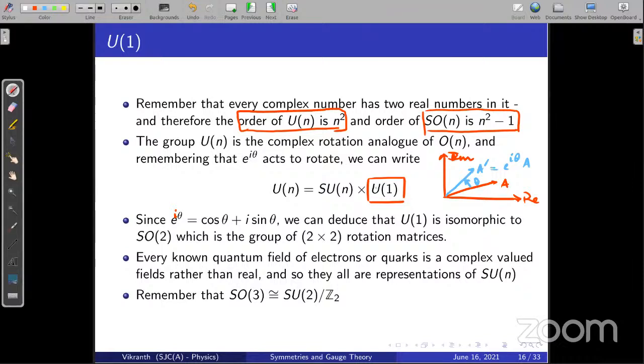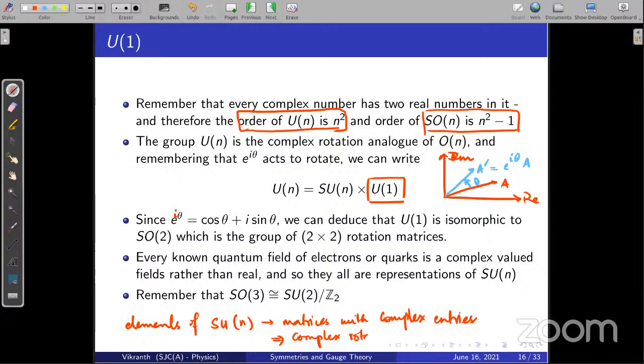So in a sense, the elements of SU(N) are matrices with complex entries, right? This implies they can perform what we'll generally call complex rotations.